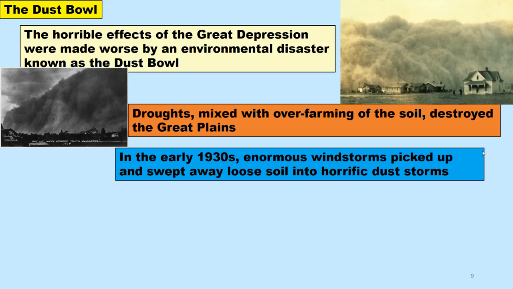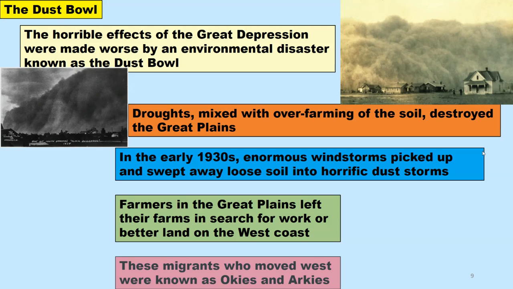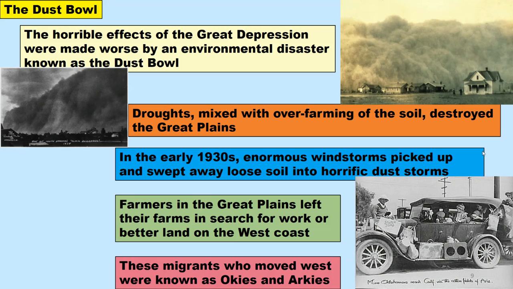They basically drowned on dirt, which is horrifying. But nonetheless, okay, farmers of the Great Plains, there's nothing they can do. They can't farm, so they have to leave. And they're going to be called Okies and Arkies because a lot of them come from Oklahoma and Arkansas. And they're going to move west and they're going to look for work in California.